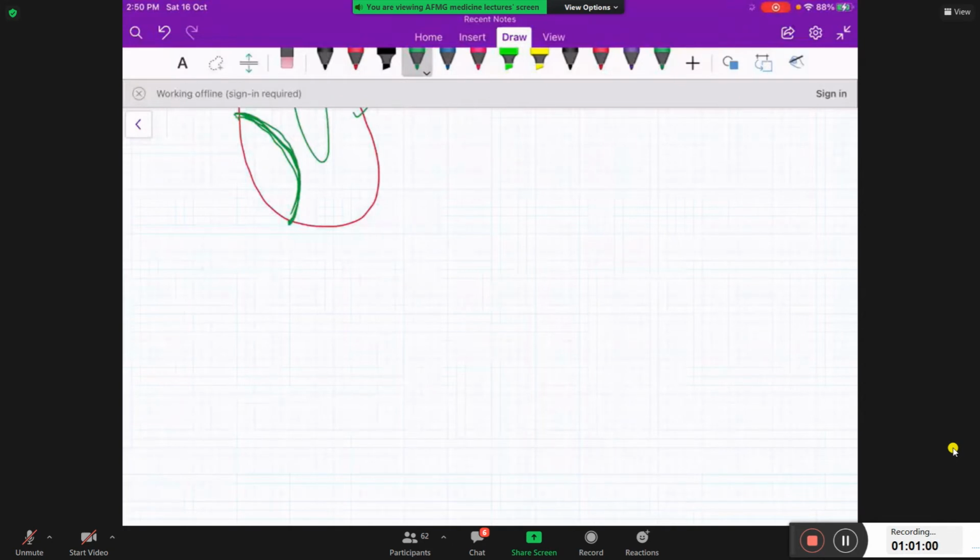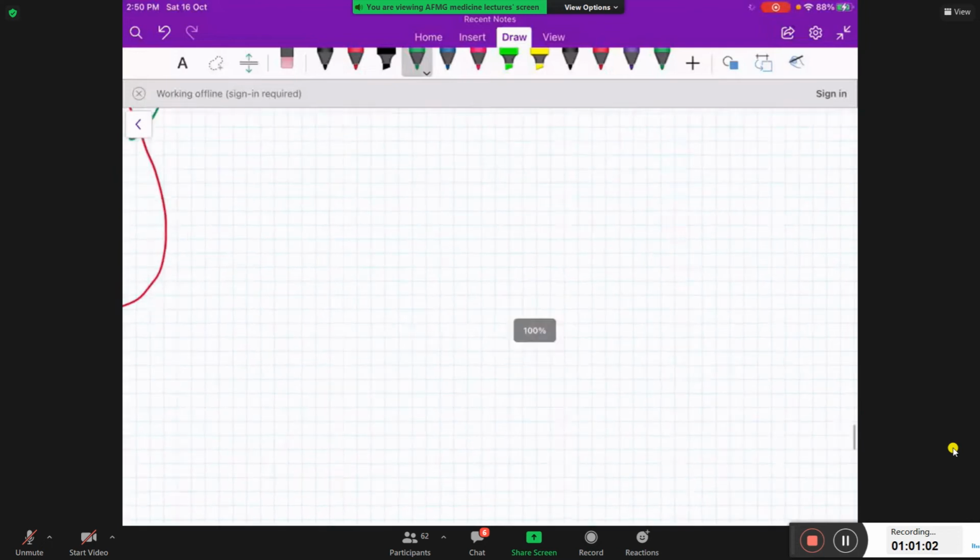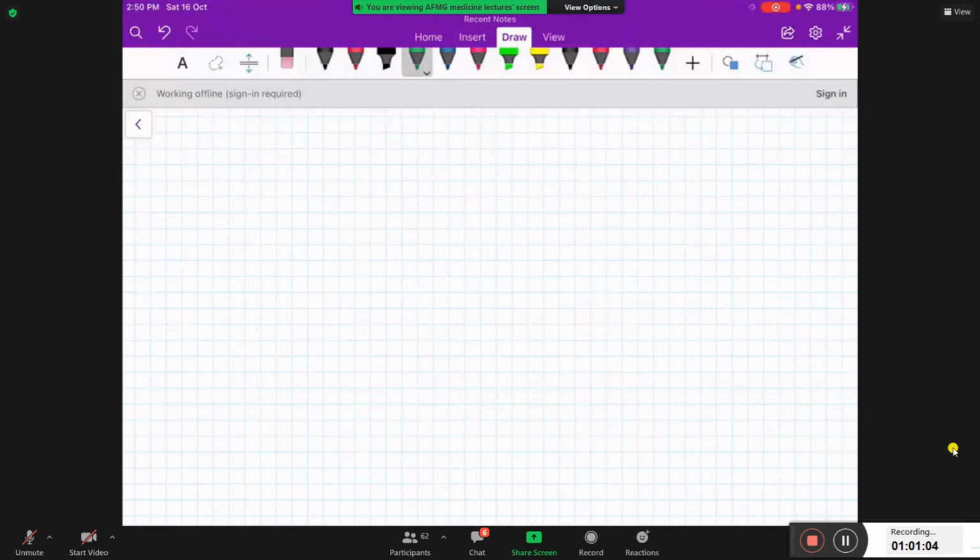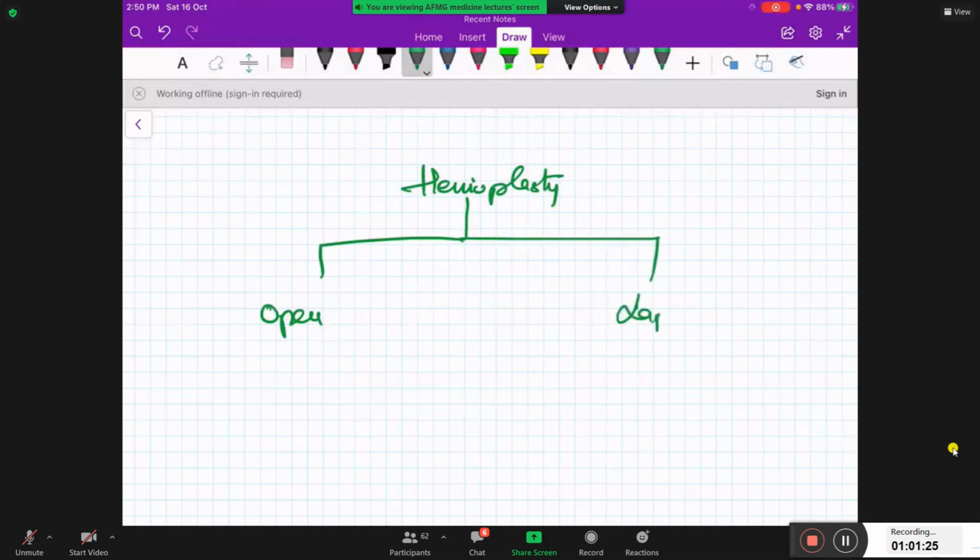So you should know. Now hernioplasty is something which we do in all the hernias except pediatric hernia. Just I told you that. Now in hernioplasty, there are two types of hernioplasties. Open hernioplasty and a laparoscopic hernioplasty.